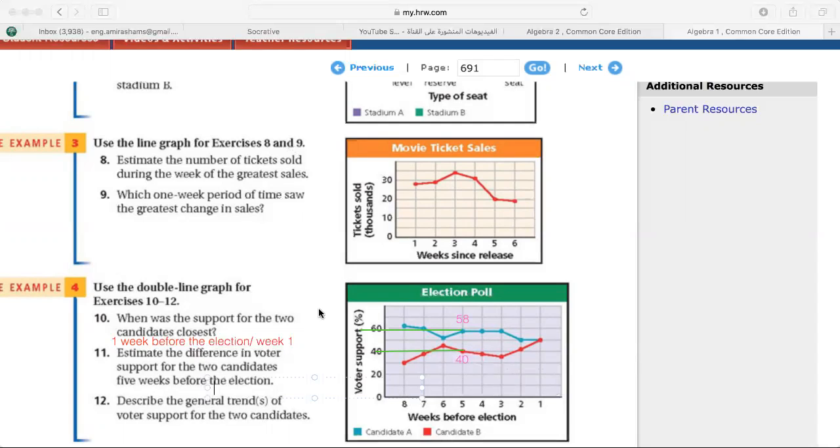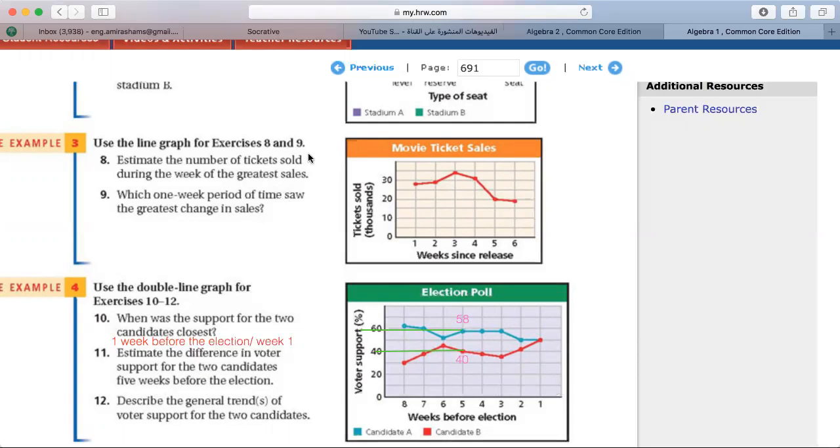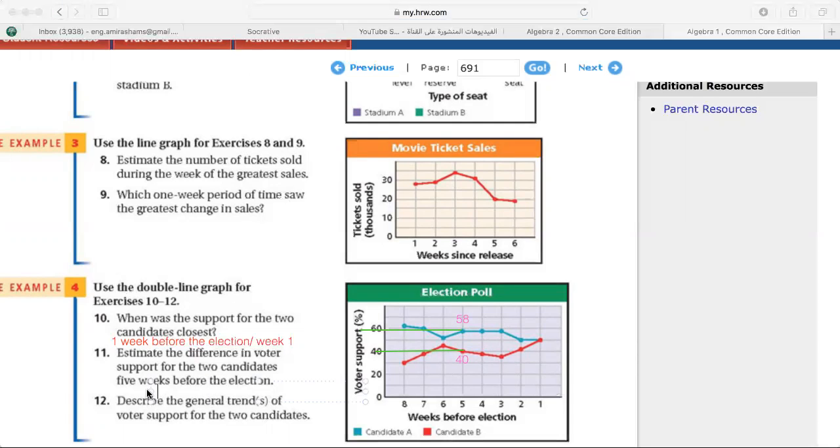So I'm going to write the difference. So I'm going to subtract here. 58 minus 40 is equal to 18.